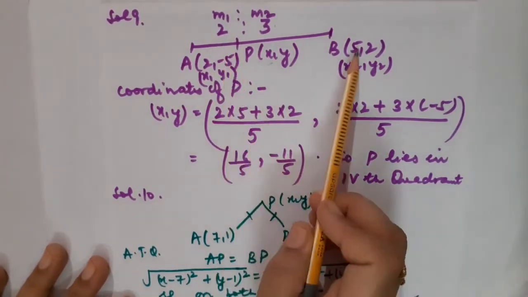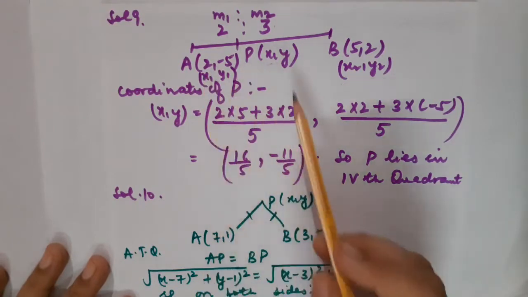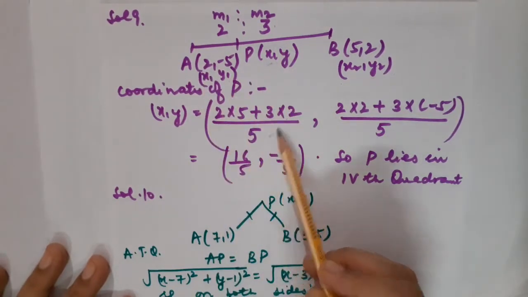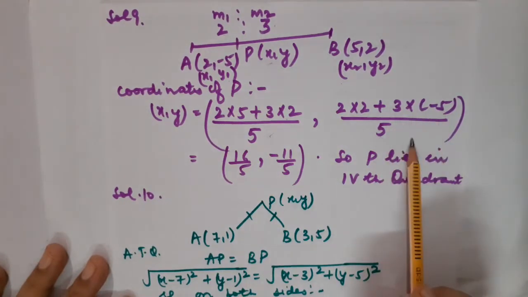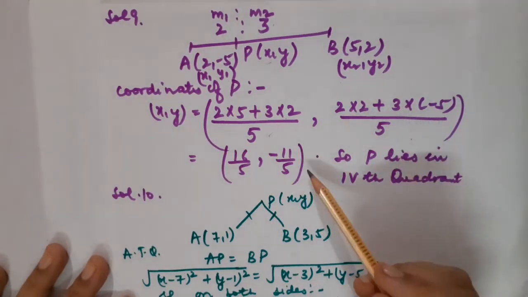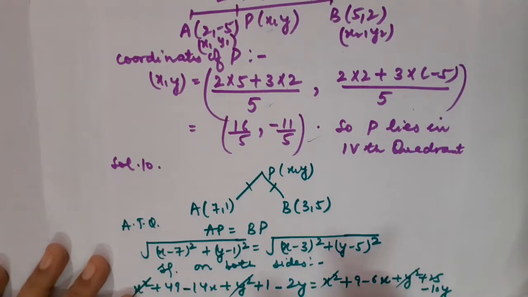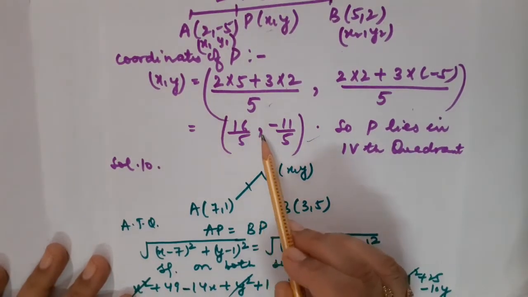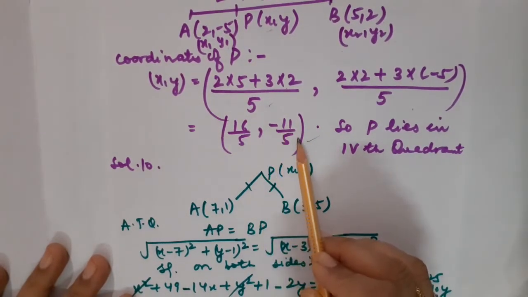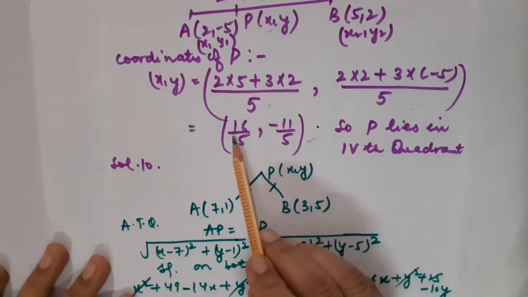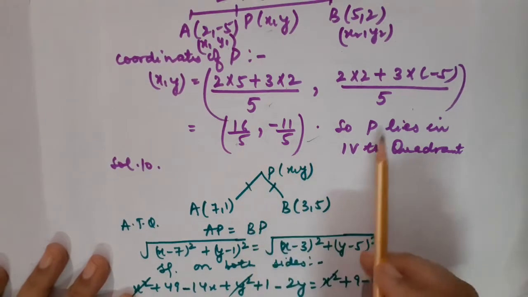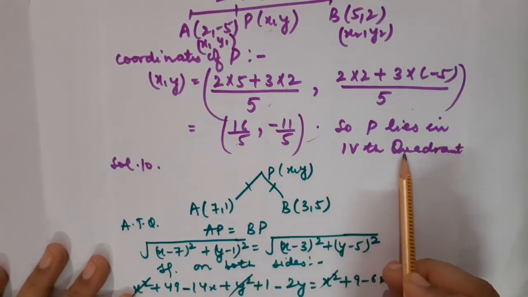So this is 2 into 5 plus 3 into 2 upon 2 plus 3, 2 into 2 plus 3 into -5 upon 2 plus 3. Correct? So while simplifying children, I have got 16 upon 5, minus 11 upon 5. So you can see here that ordinate is negative but abscissa is positive. So definitely it will lie in quadrant number 4. Correct?